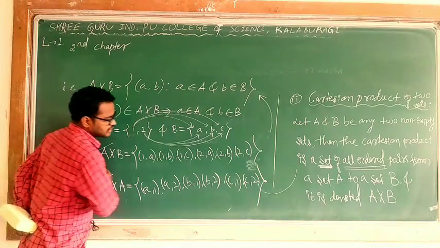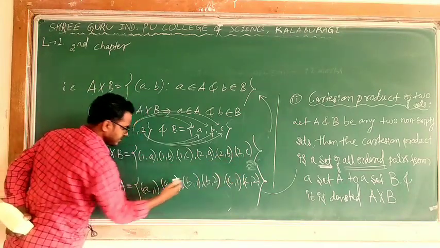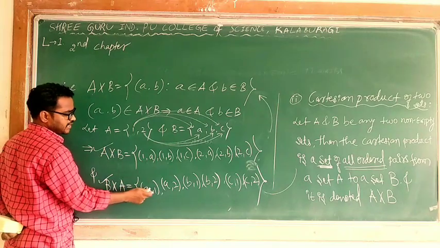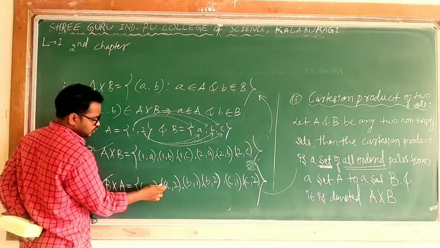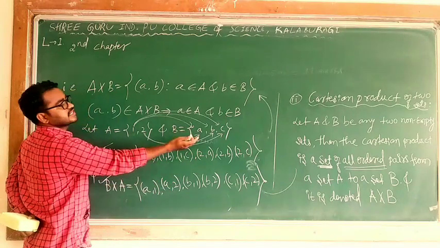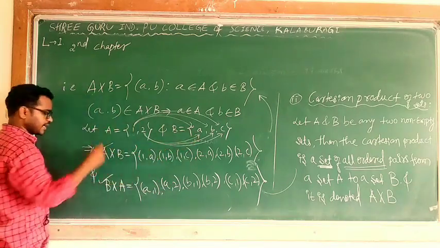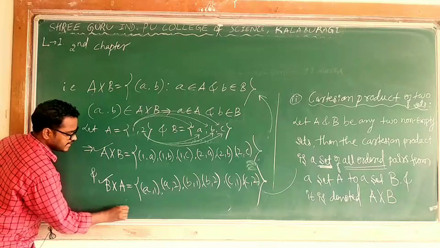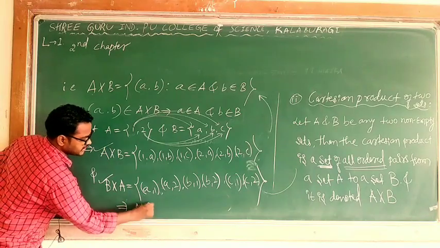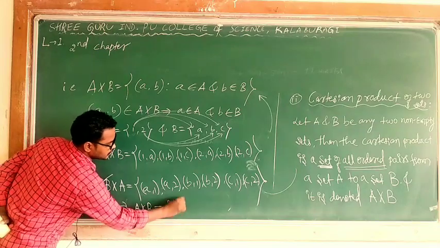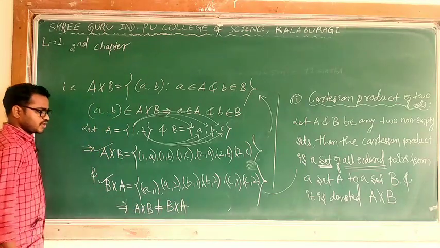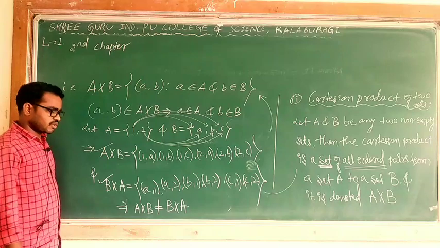B cross A is the reverse of that: (a, 1), (a, 2), and so on. So when we take the Cartesian product B to A, it implies that A cross B is not equal to B cross A.